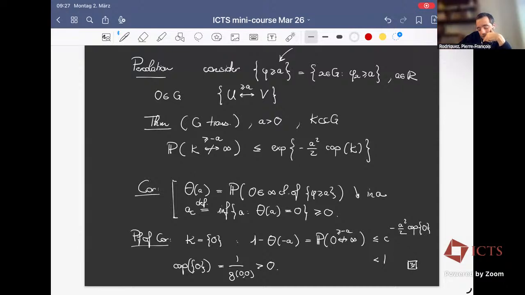And here, what I'm telling you is that if you use the GFF, you have a structure, its excursion sets, and they percolate at any density which exceeds 1/2. So it's not even a perturbative result. You see, for instance, in Bernoulli percolation, when you just want to show the existence of a supercritical phase, usually you do a Peierls argument or something like that. And you can do something like that here as well, but this is a much stronger statement because there's already percolation close to density half.